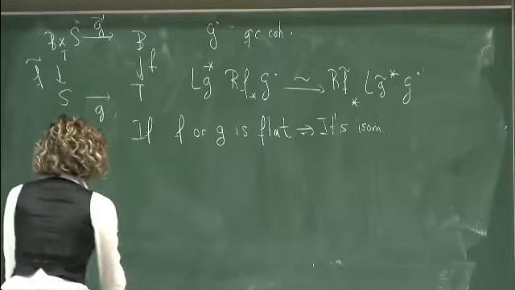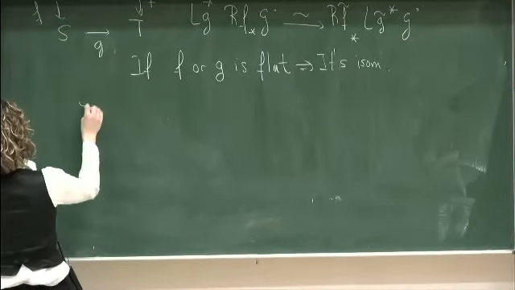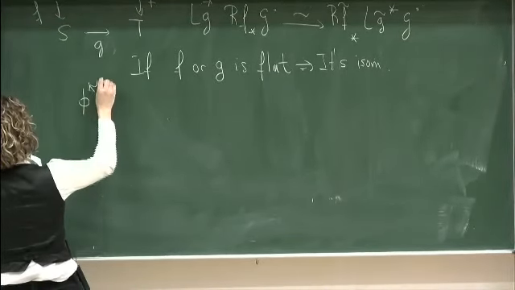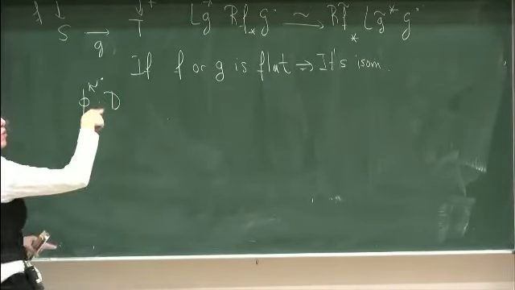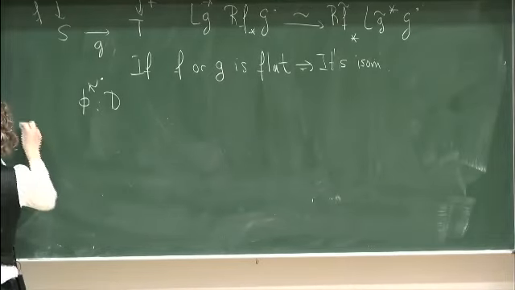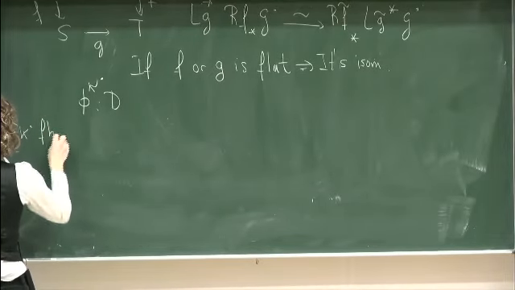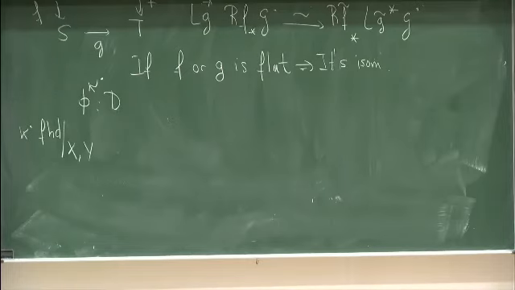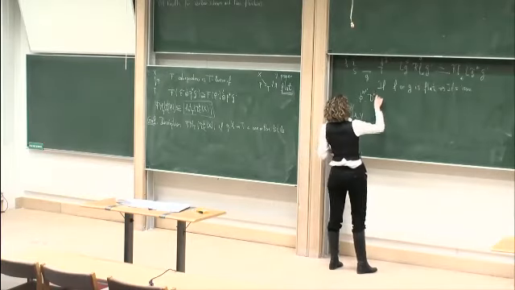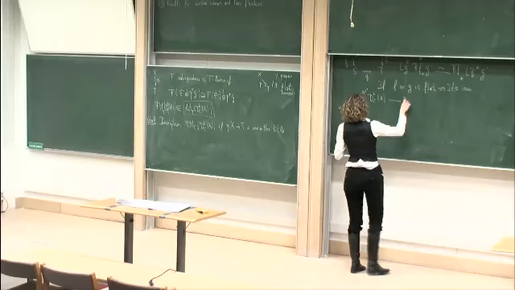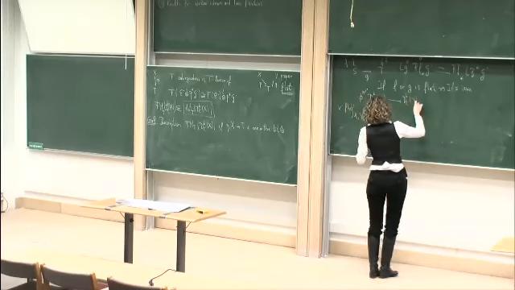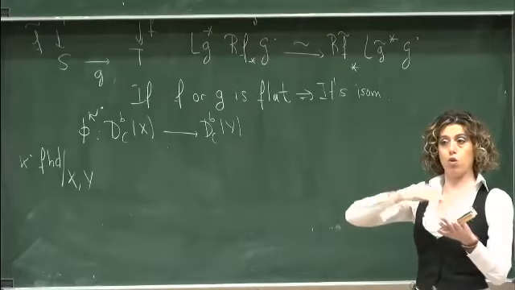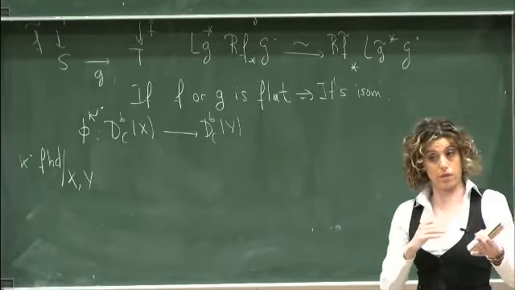So, if you have now a functor, with good conditions, the kernel has to satisfy these technical things, finite homological dimension over the factors. And you have here a functor.